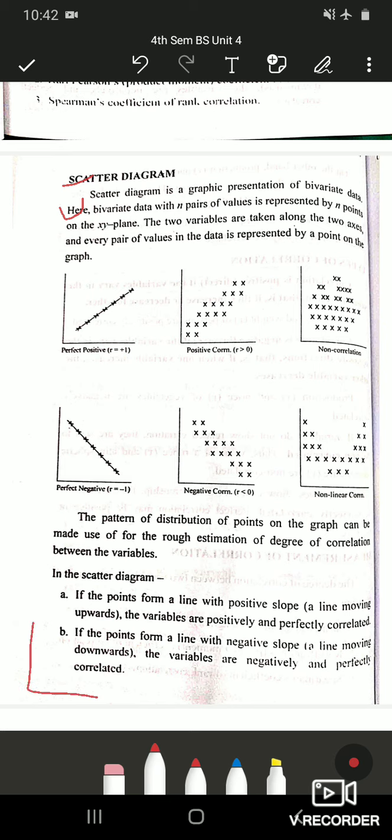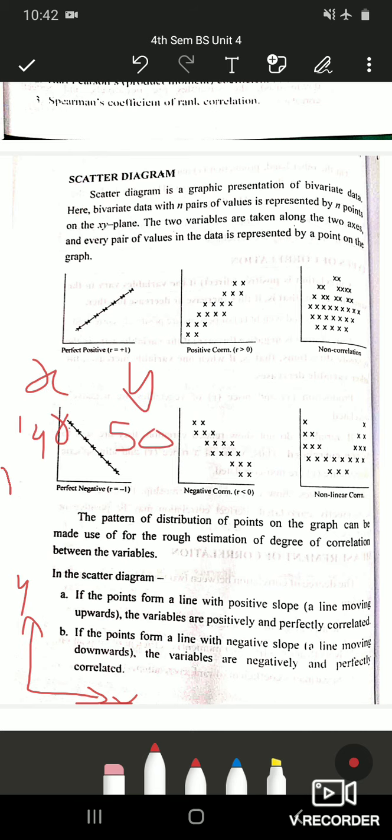So we know in a graph there will be one x-axis and one y-axis; the vertical line is the y-axis, the horizontal is the x-axis. In this xy plane we are going to mark n points for n pairs. Suppose x is height and y is weight, and x is say 140 centimeters, then y is 50 kgs; for 150 it is something around 54.